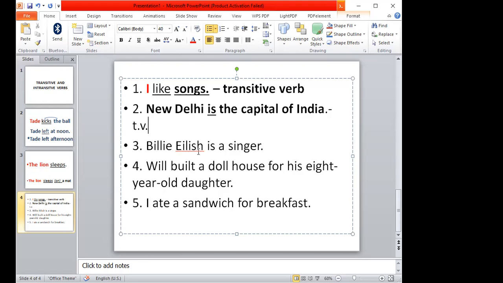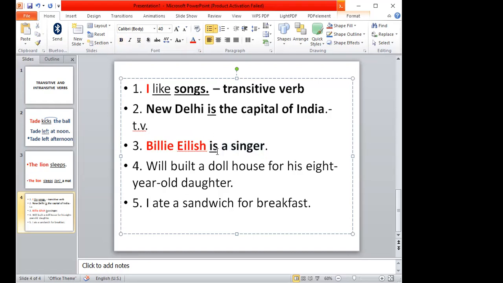Now, the third sentence: Billie Eilish is a singer. This will be my subject. This will be my verb. And this will be my object.